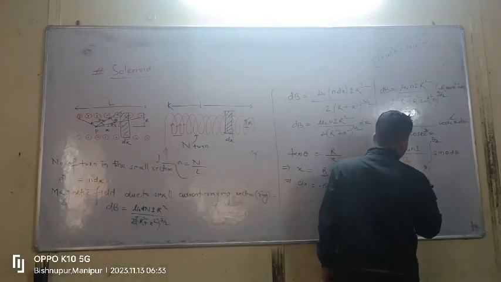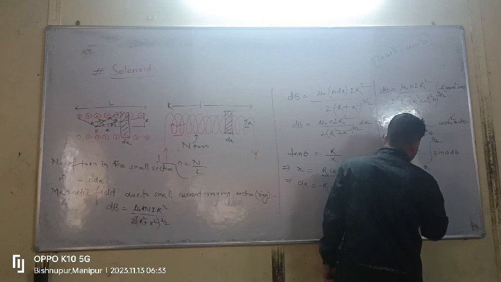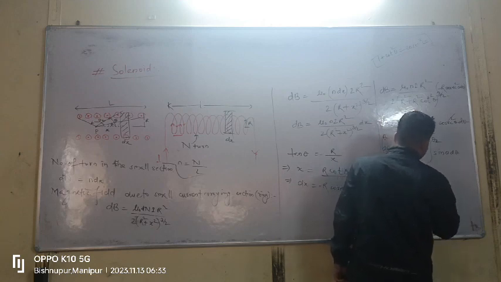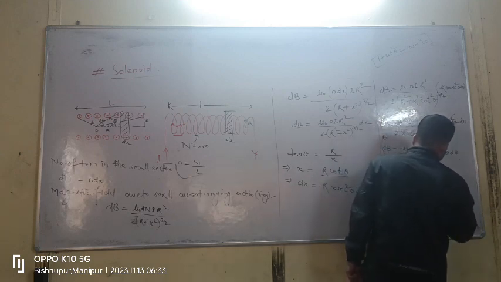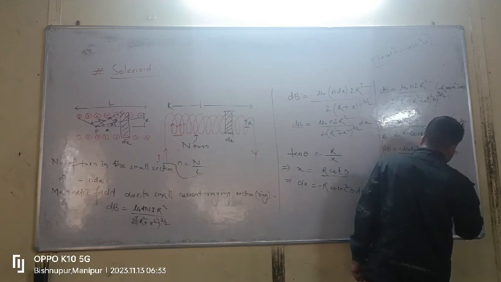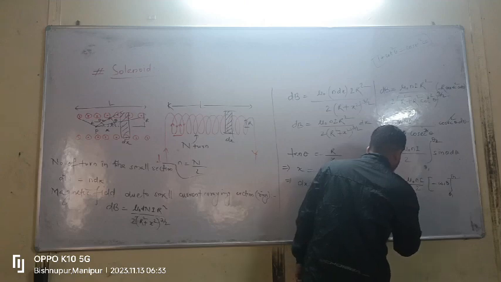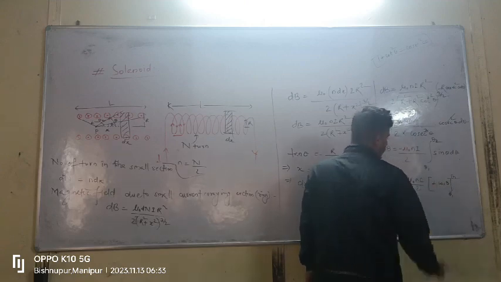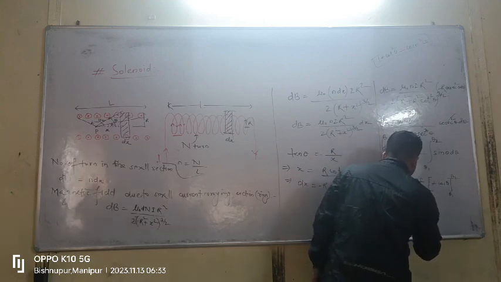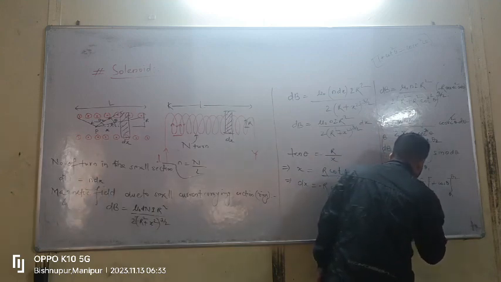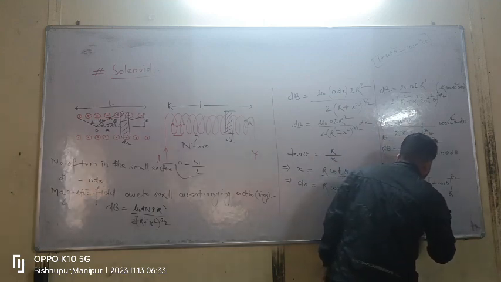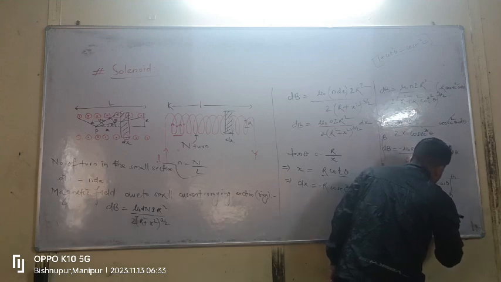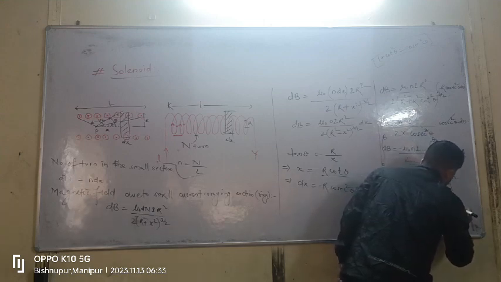So mu naught n I upon 2, minus cos theta from theta 1 to theta 2. Minus minus will cancel. Now what is the answer? Mu naught n I by 2 into cos theta 2 minus cos theta 1.